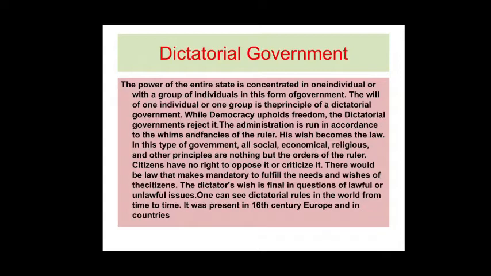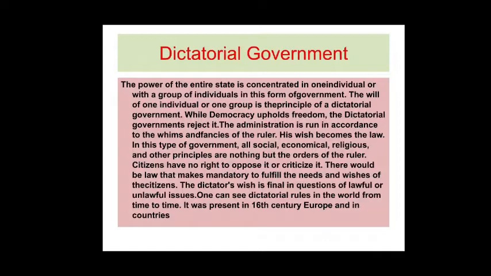While democracy upholds freedom, the dictatorial government sometimes rejects it. The administration is run in accordance with the whims and fancies of the ruler. His wish becomes the law. So there is own law, own decision also.